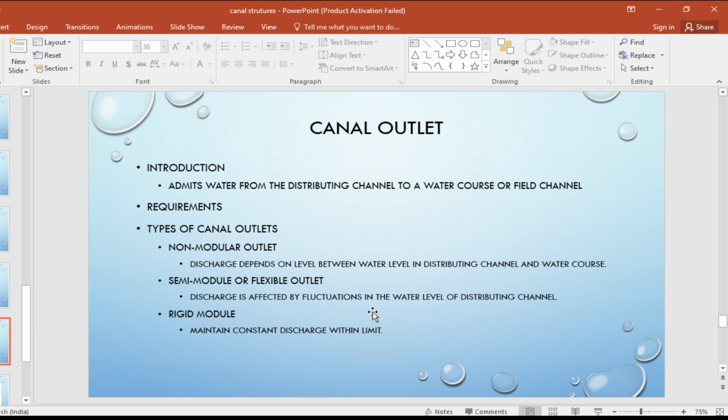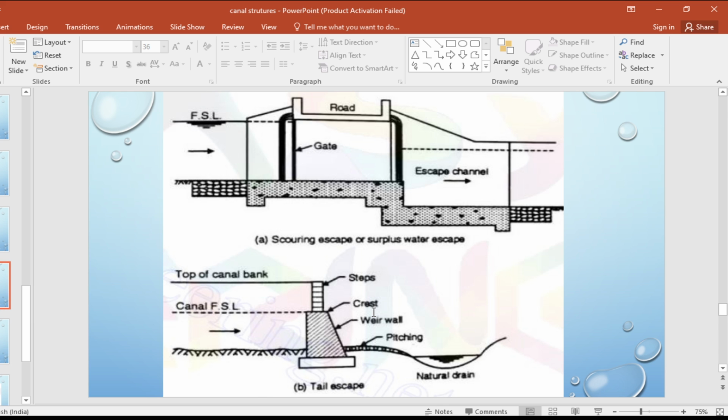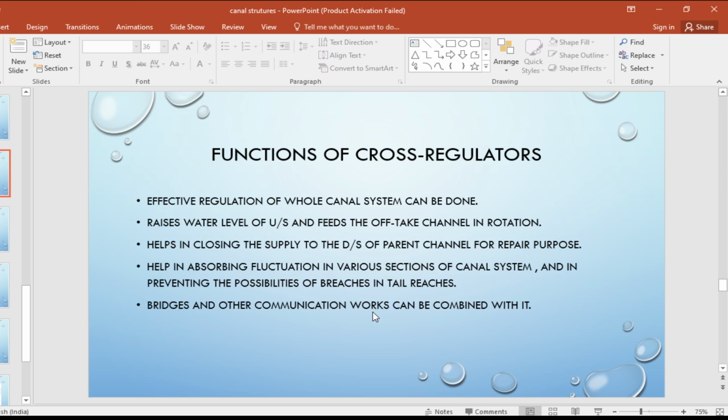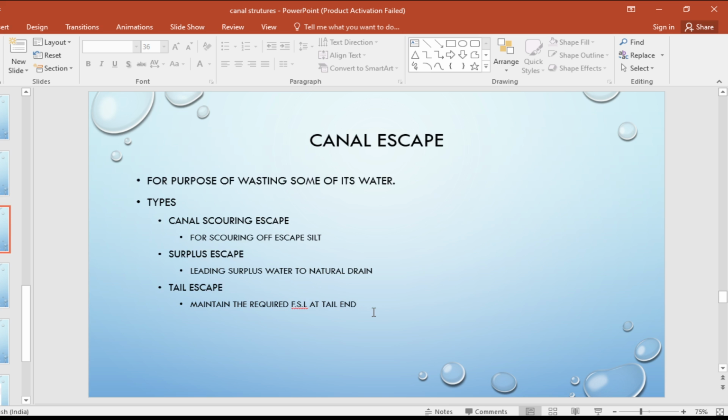As I have explained, in canal escapes, when a flood-like condition occurs due to the closing of the canal outlet, then the escapes are in working.